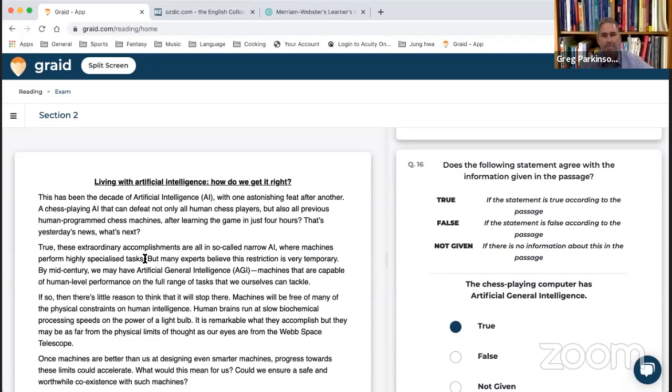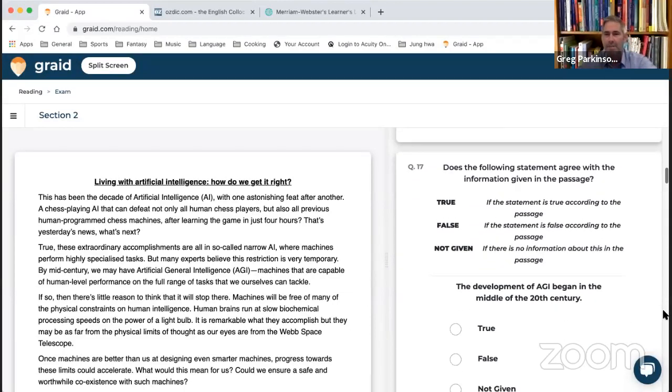So what it's saying is chess playing AI is not artificial general intelligence. It is what's known as narrow AI, right? So it's not artificial general intelligence. Chess playing computers are narrow AI, right? So the answer is false.